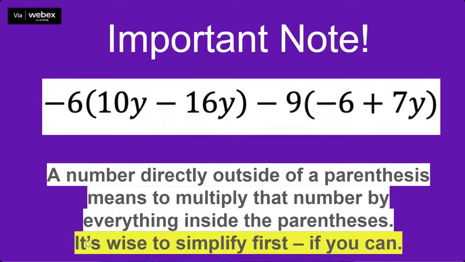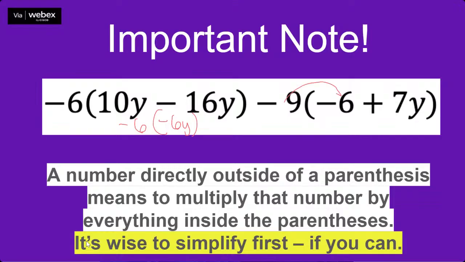Okay, so when we simplify 10y minus 16y, we get negative 6y times negative 6. So far, we have simplified the first set. Let's go to the second set. We cannot simplify what's in the parentheses because this does not have a y for us to add or subtract together. So instead, this is where we need to multiply.